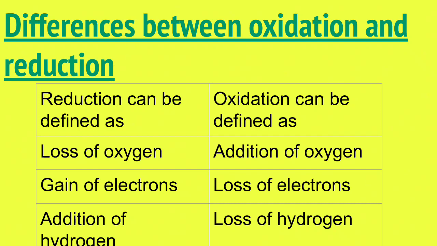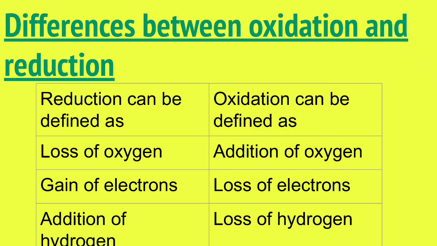Then we have the loss of electrons. During chemical reactions, like we are going to see as we move on, you'll realize that in some reactions, electrons are lost, while in others, electrons are gained. So oxidation can be defined as the loss of electrons. It can also be defined as the loss of hydrogen.